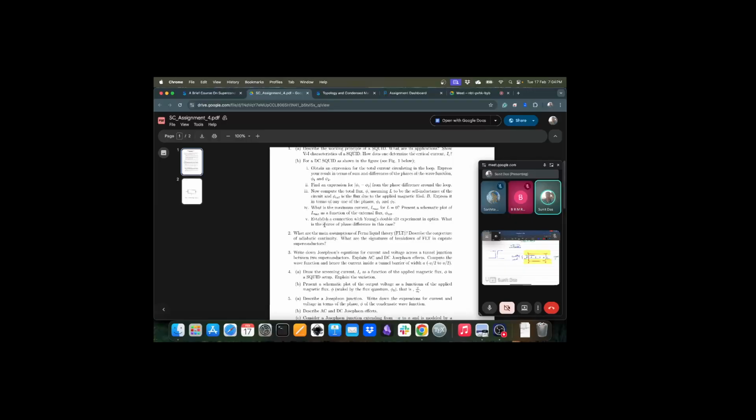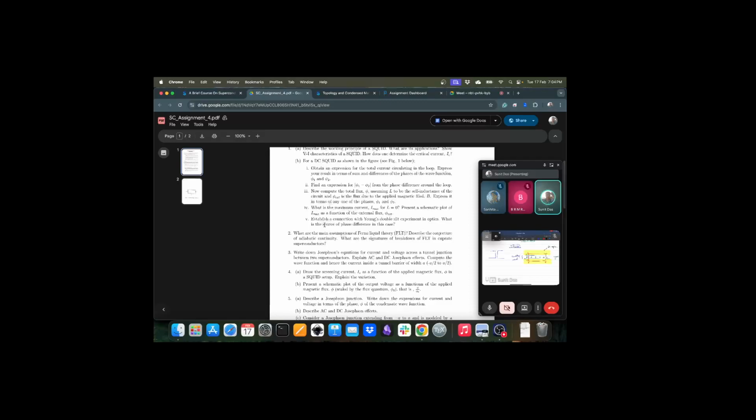These yellow regions are the superconductor, SC region. And then this part is, let's say, lambda.